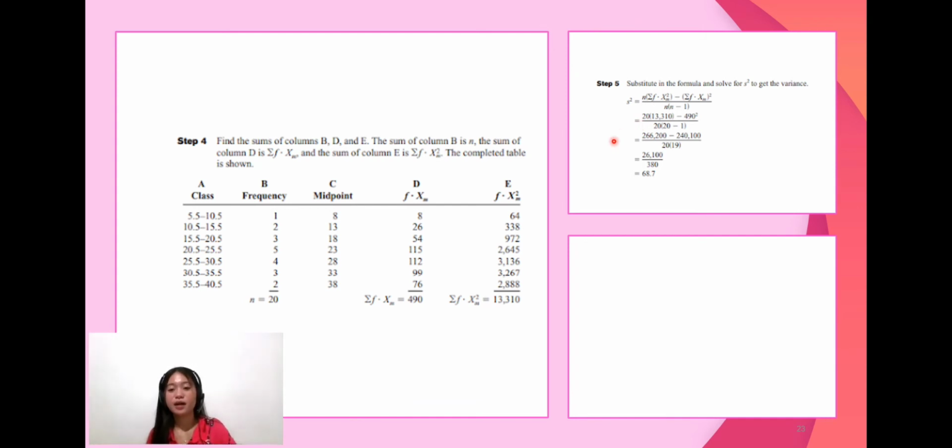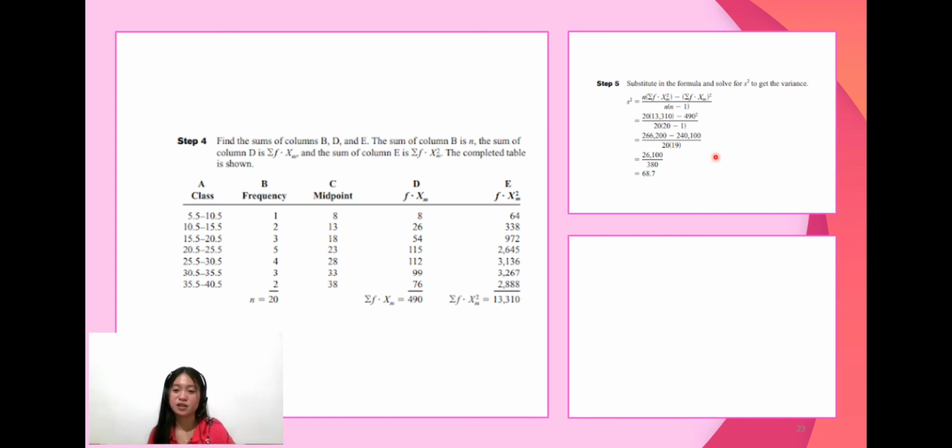The denominator is our sample size times the sample size minus 1. So we multiply 20 times 13,310, which comes up to 266,200. Then 490 squared comes up to 240,100. Then 20 minus 1 is 19.